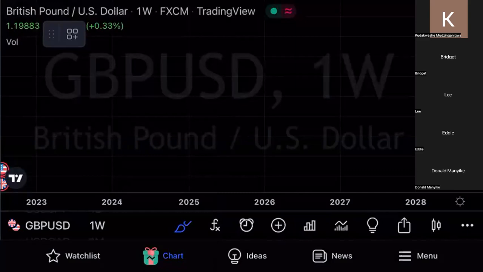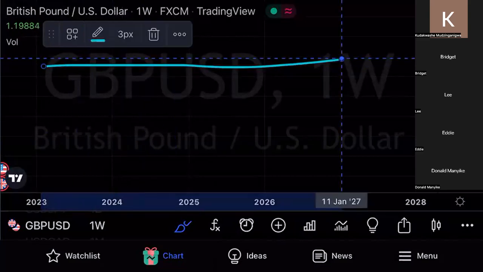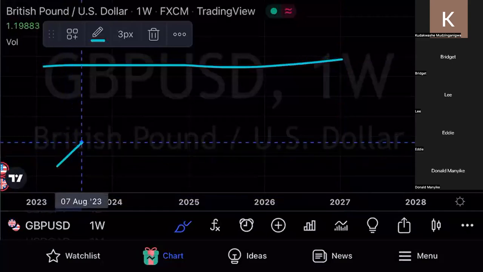Are we approaching impulsively? Are we approaching correctively? Let's say we have our resistance. This is our resistance, guys, and the price is moving impulsively, approaching the resistance.